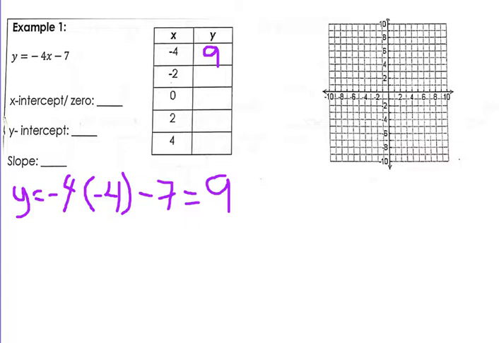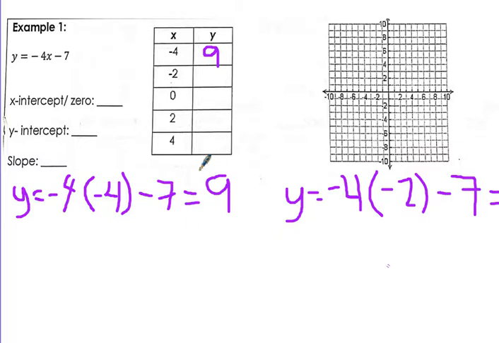Okay. Our next point, y equals, our equation is negative 4x. And in this case, x is now negative 2. So I'm going to plug negative 2 there, minus 7. Negative 4 times negative 2 is positive 8, because a negative times a negative is a positive, minus 7, which is 1.